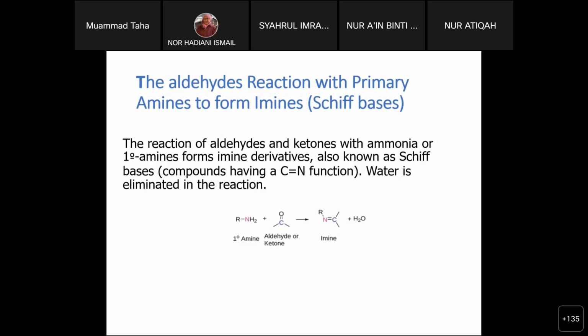So this is a primary amine reacting with an aldehyde or ketone. The oxygen is replaced with nitrogen having a double bond, and the R chain of the amine stays intact with it. Simply, this is a water elimination reaction. We can also say that this is a condensation reaction. Go to the next slide.